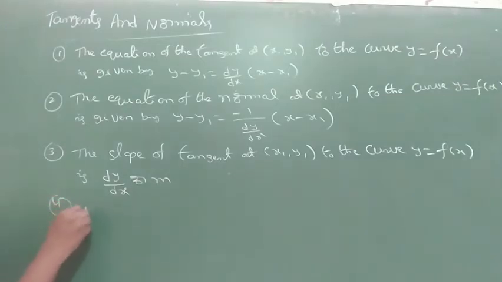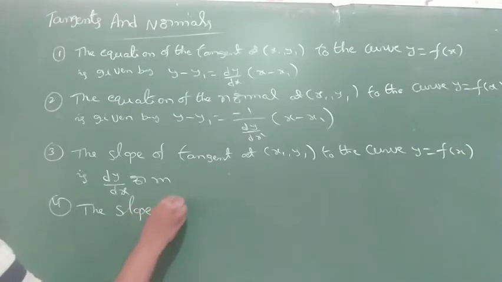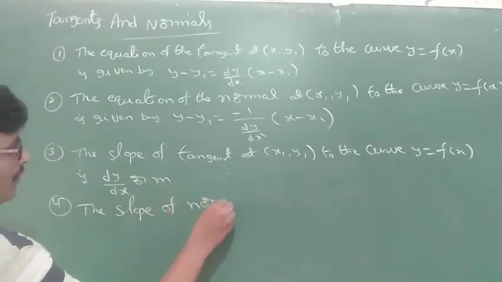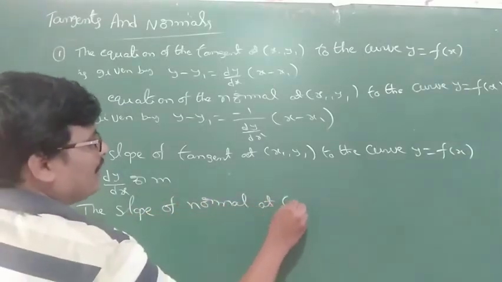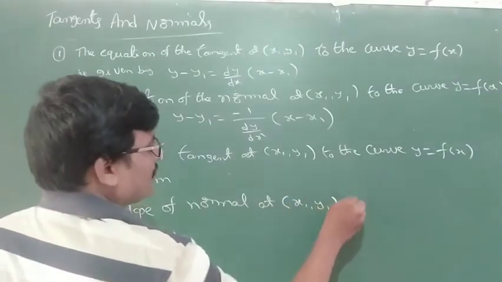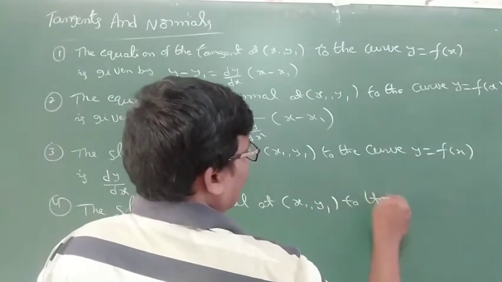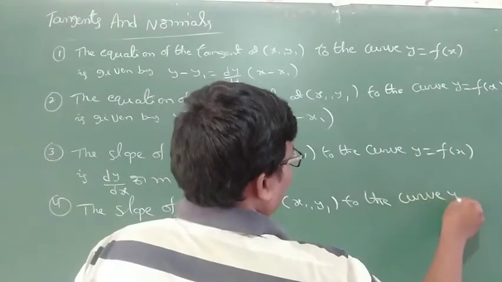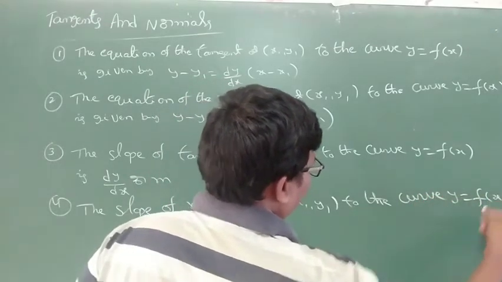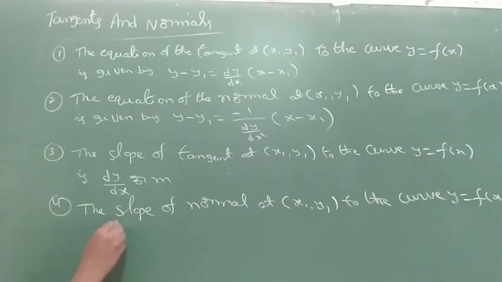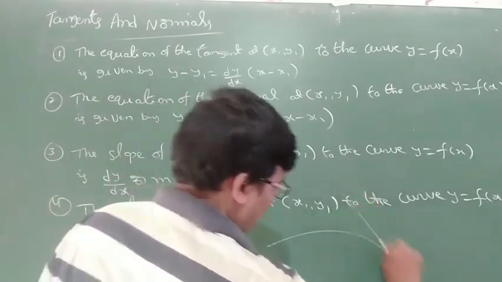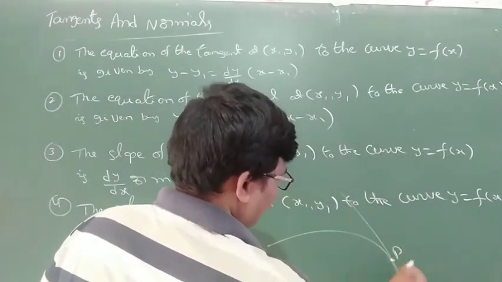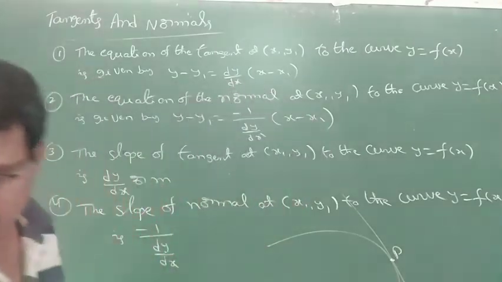Next, the slope of normal at x1 comma y1 to the curve y is equal to f of x is minus 1 by dy by dx. This is the curve, this is P, this is the tangent.